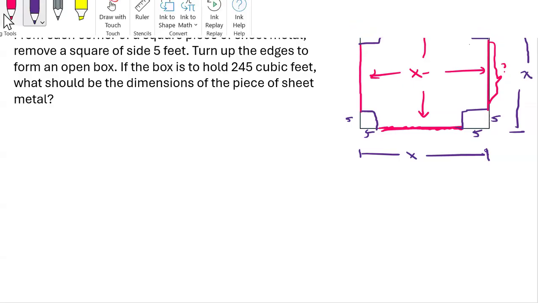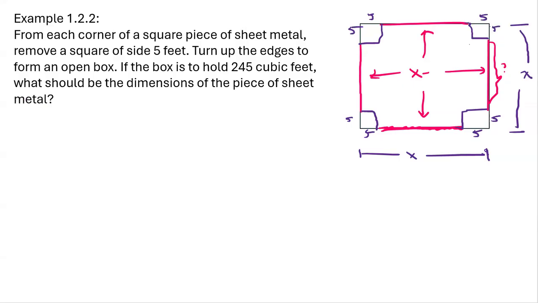So here we're taking out 5, right? A square of side 5 inches from each corner. Again, I don't know what the base and height are. I just know they're taking 5 inches from each corner.